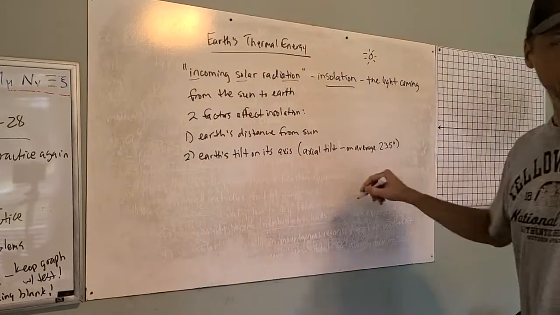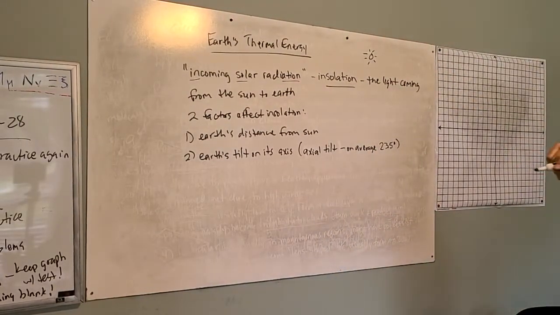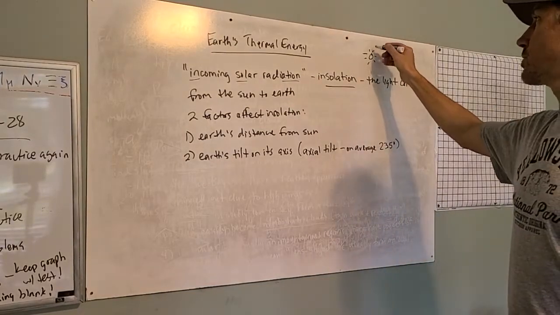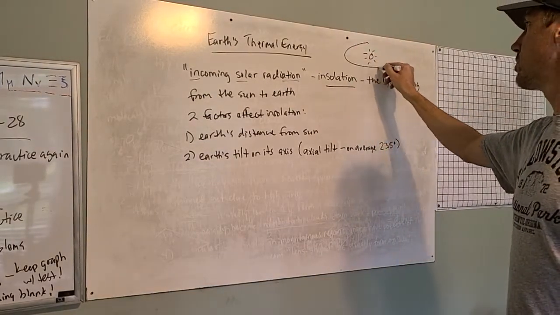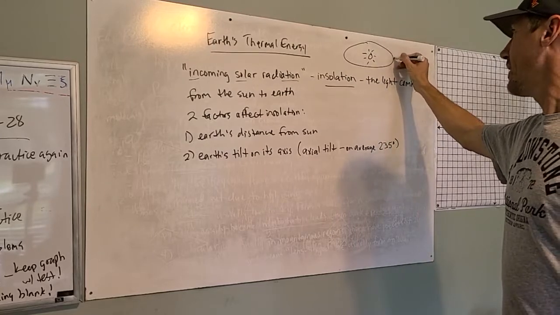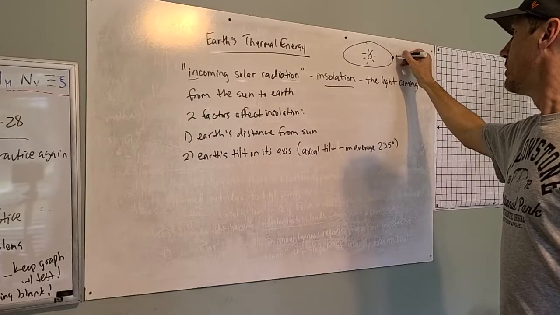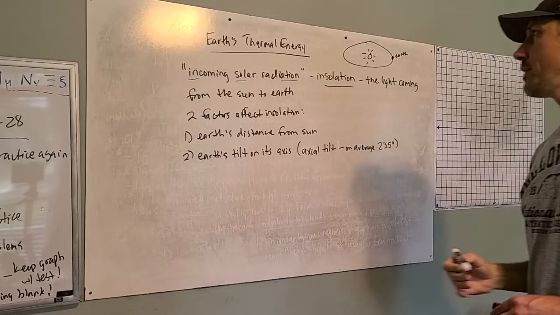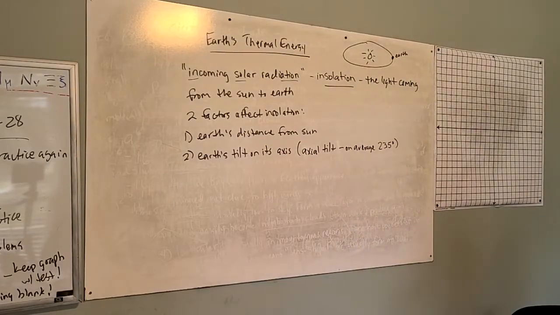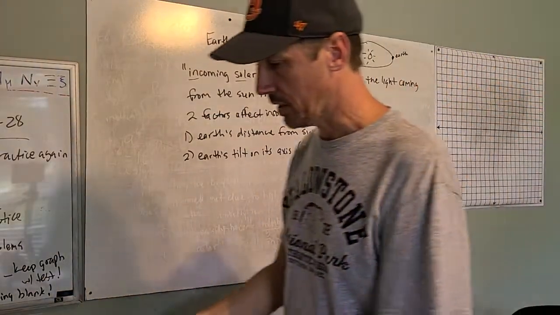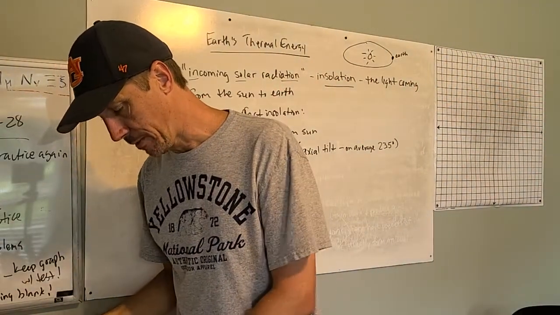And it's not a perfectly circular orbit. When the Earth rotates or orbits around the sun, it's more of an ellipse. Now, here's the Earth. It's not that elliptical, but I just had to flatten it out some in the drawing so that you could see it was an ellipse. It's actually closer to being a circle than it is an ellipse.